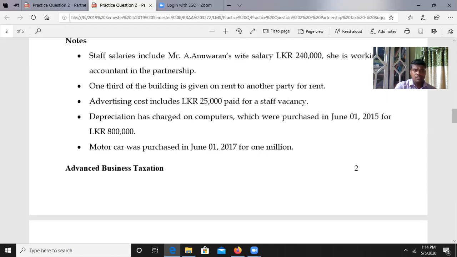Next note, which is related with the computers. Depreciation has been charged on computers which were purchased on June 1st, 2015 for LKR 800,000. In this case, you can understand this computer was purchased before the year of assessment 2018-19.